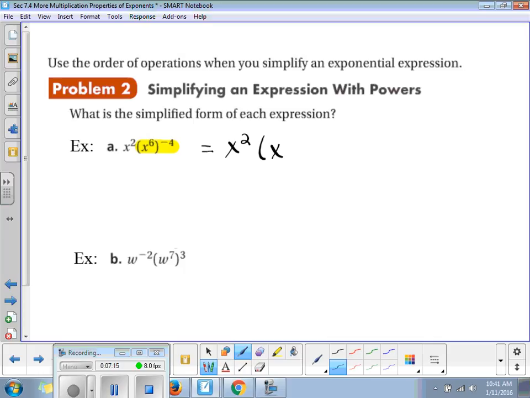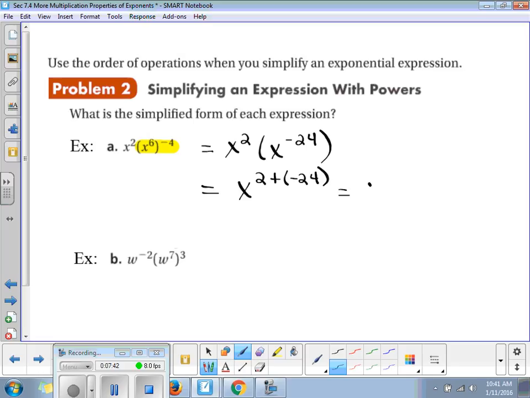You could just do that part in your head, right? So 6 times negative 4, that's negative 24. And now we can do the multiplication. So here now we're multiplying powers. What do I do when I multiply powers? You add the exponents. So we have x to the 2 plus negative 24.